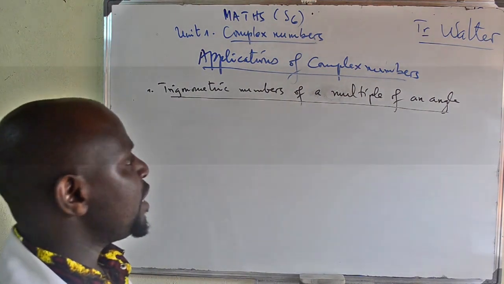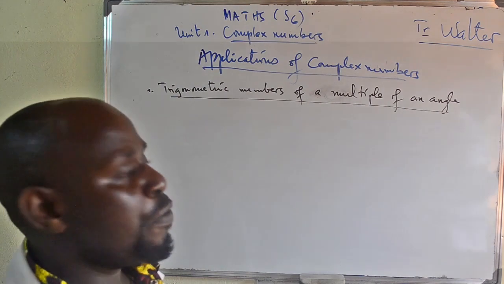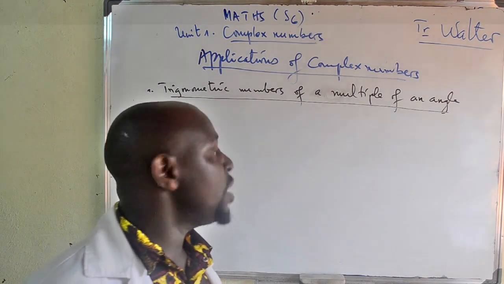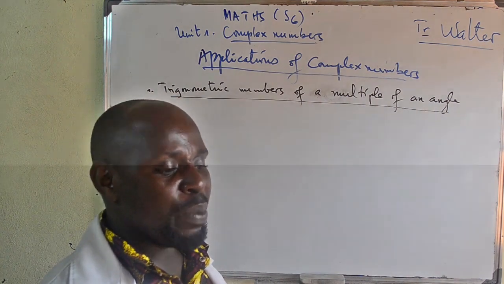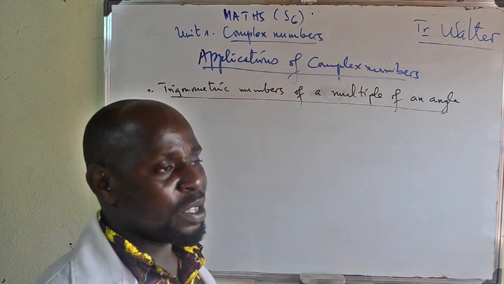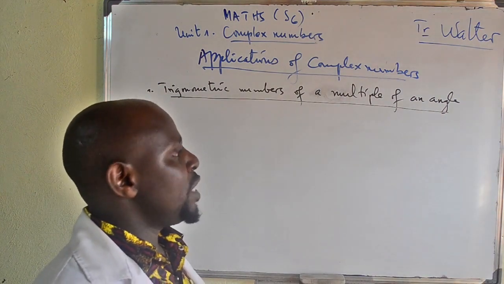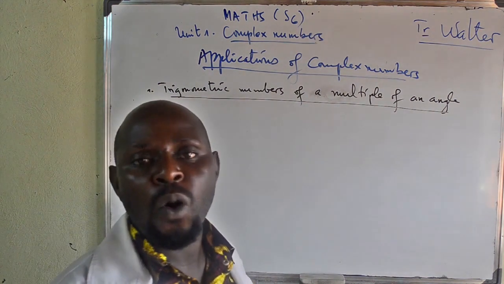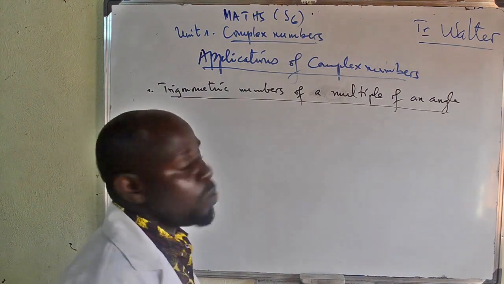So, ladies and gentlemen, we have learned this maybe in senior 5 in the formulas of trigonometry, where we have seen how we can find the multiples of an angle, maybe the duplication angles, double angle formulas and so on. But here we shall see in general how we can find the multiples of an angle in trigonometric form.